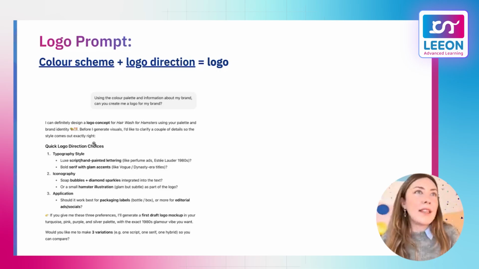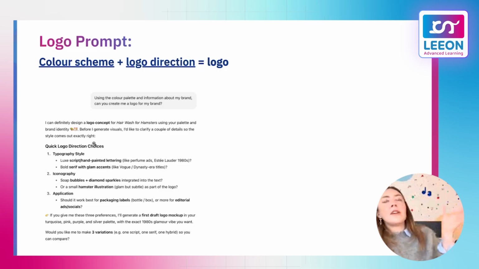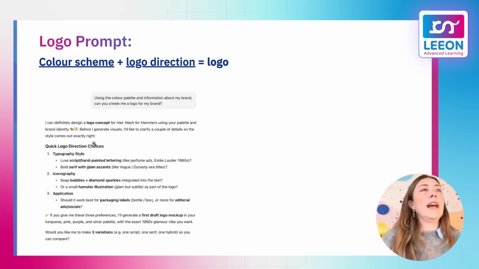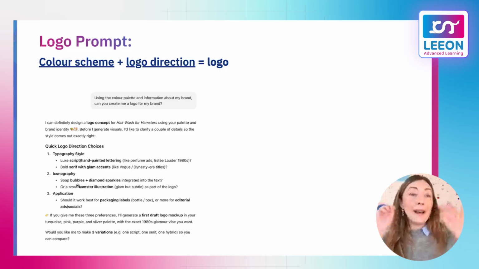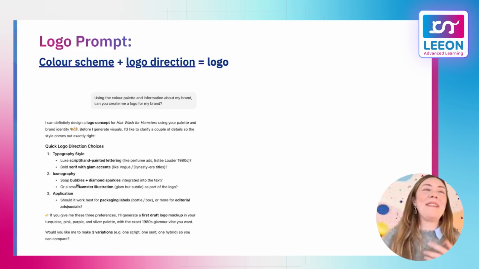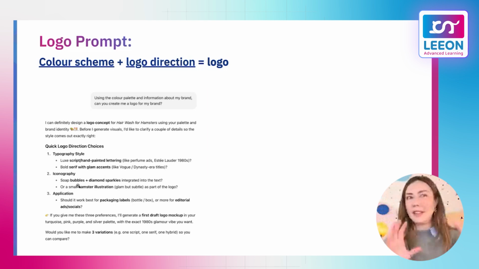And it says, absolutely. It's going to use the palette. It has an understanding of the typography style and application, as well as certain iconography that we'd already talked about, soap bubbles, diamond sparkles, and knows how it's going to interact.